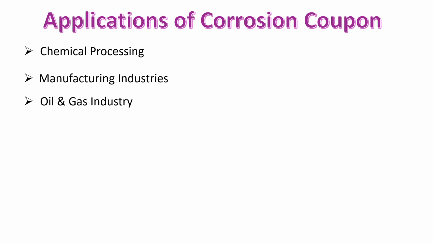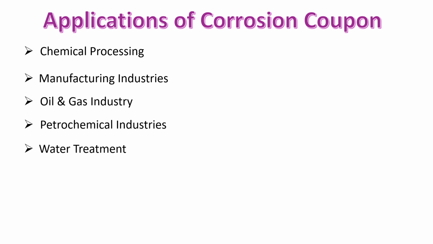In the oil and gas industry, to monitor the corrosion rate of pipelines, storage tanks, and other equipment that is exposed to the corrosive atmosphere or environment, as most of the oil and gas industries are in the sea or coastal areas. So this needs to be monitored prior to deciding the material of selection for any particular equipment.